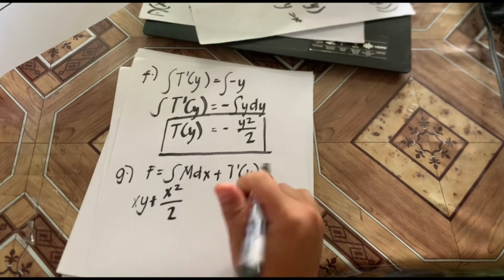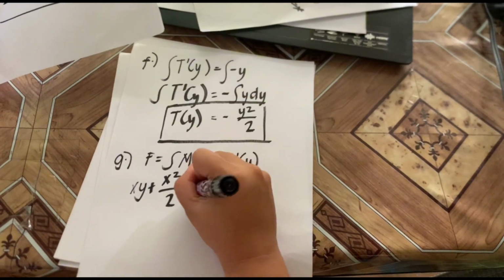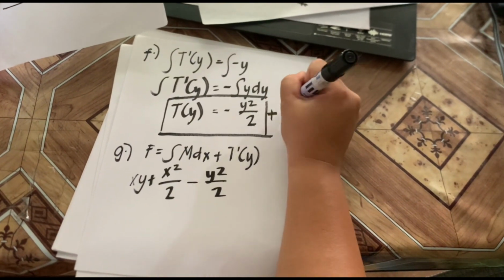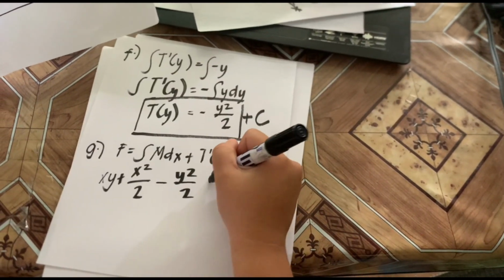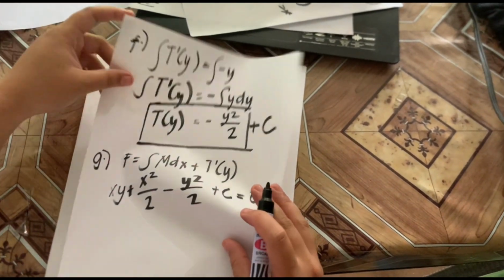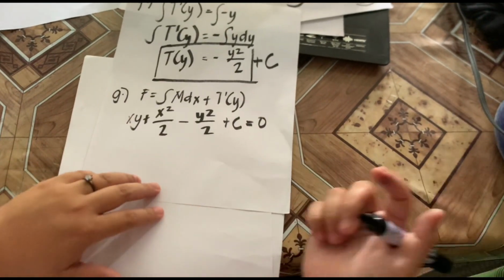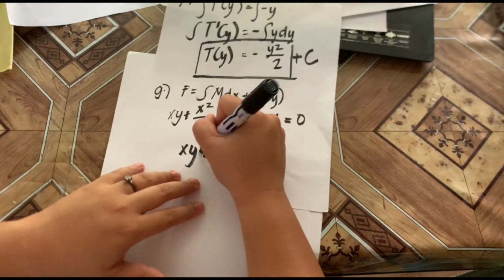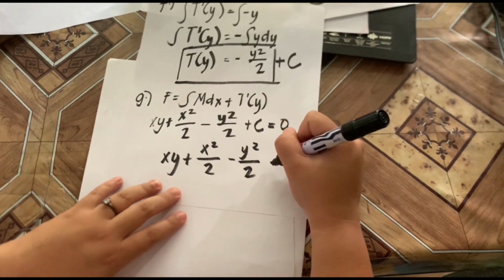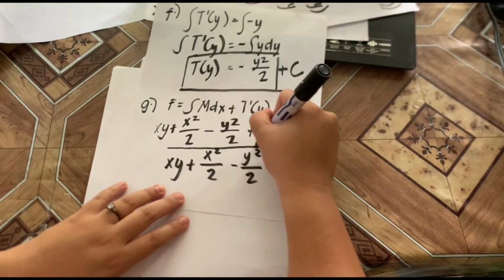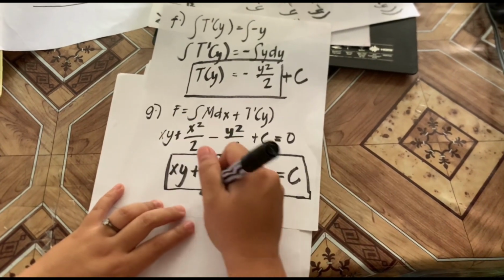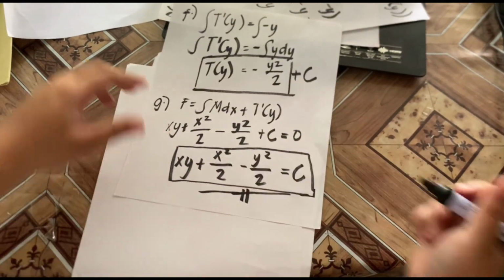Then the integral of our t prime of y, which is minus y squared all over 2. This one should also have plus c, and this would be plus c equals 0. So to use the form, we now have our general equation: xy plus x squared all over 2 minus y squared all over 2 equals c. Therefore, this would be the general equation.